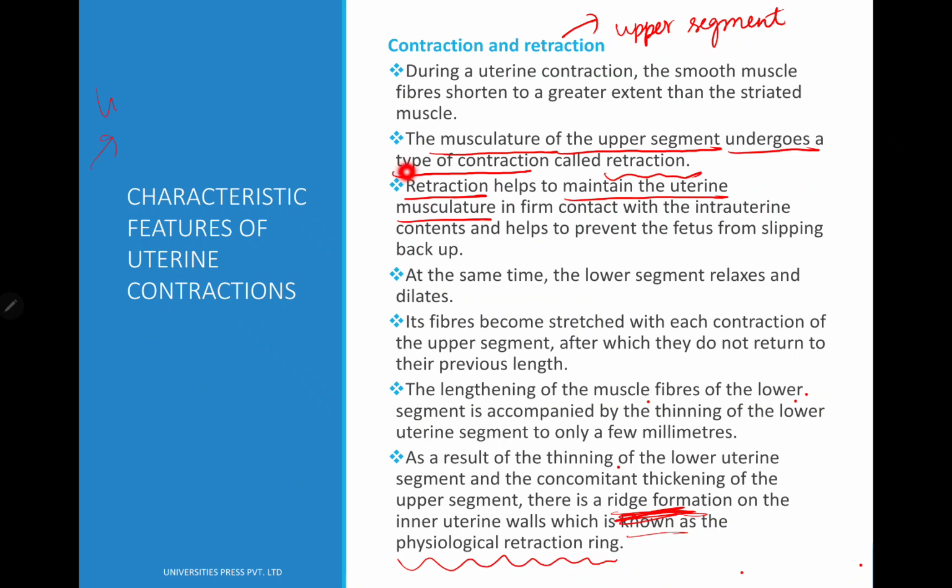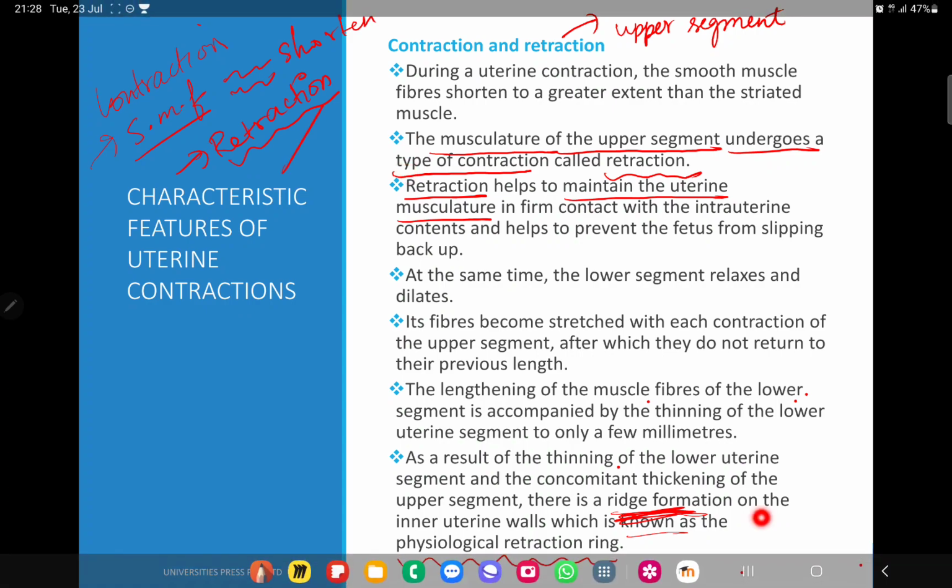There are two terms. What is contraction? Contraction is nothing but the smooth muscle fibers shortening. What is retraction, guys? The upper segment of the uterus also undergoes a type of contraction, and that is known as retraction.